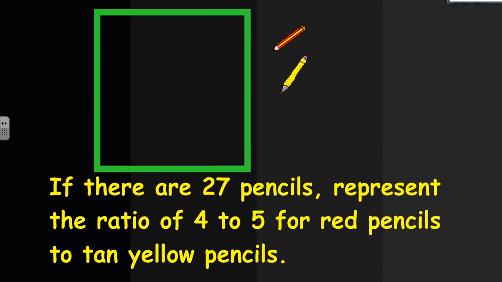Here we have a problem. It says if there are 27 pencils, you can see the red pencil and the yellow pencil. If we have 27 pencils, represent a ratio of 4 to 5 for red pencils to tan or yellow pencils. All right, this means that we're going to have 4 red pencils because we see the number 4 comes first and red comes first in the ratio, and we're going to have then 5 yellow pencils.